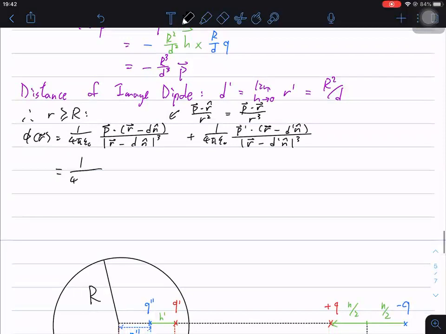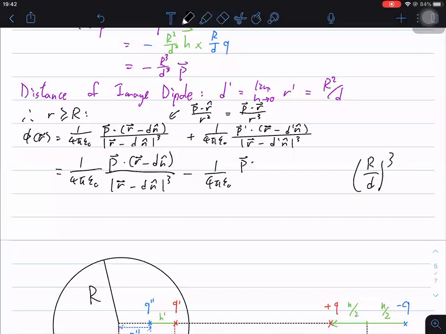Then by expanding all the forms, P prime is equal to minus P times R over D cubed. And D prime is equal to R squared over D n hat, again R squared over D.